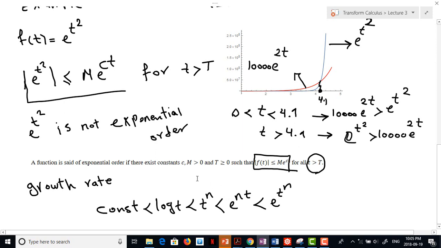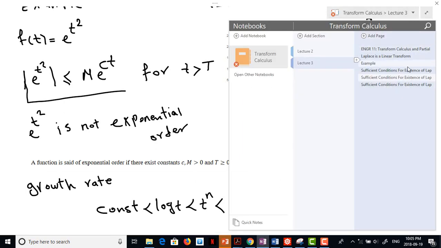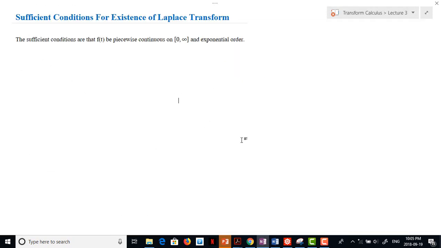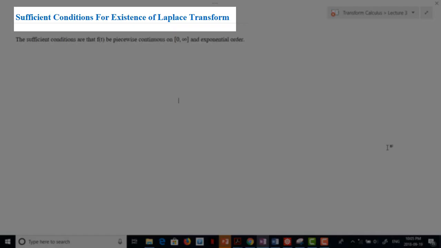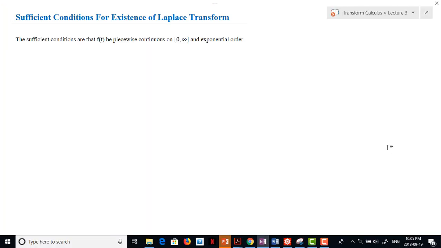Okay, so now we know the concept of piecewise continuous and the concept of exponential order. The sufficient conditions for existence of the Laplace transform are that the function should be piecewise continuous on the range of 0 to infinity, so here it should not be closed, and f(t) should be of exponential order.